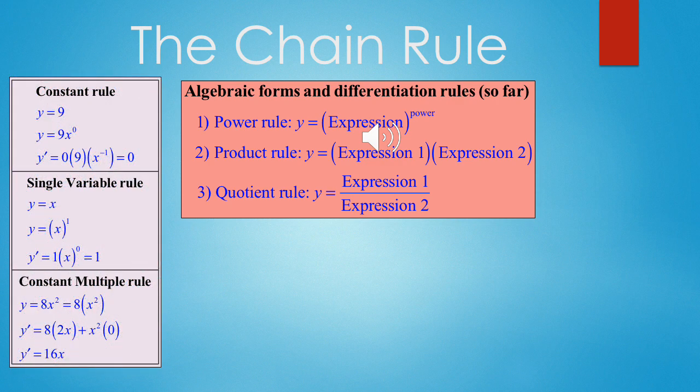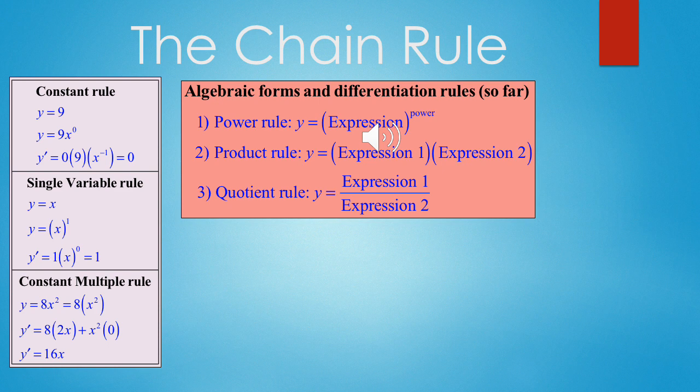Some of the other basic differentiation rules that we showed in section 8 are no longer needed. For instance, the constant rule is really a specific application of the power rule. If y is equal to 9, that can be written as y equals 9x to the 0 power.